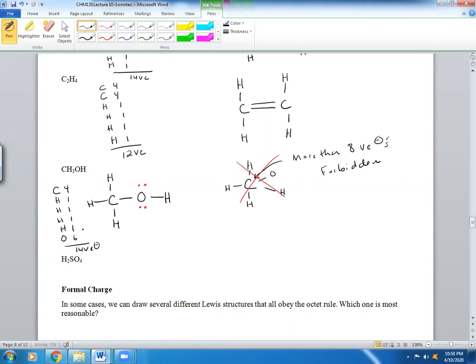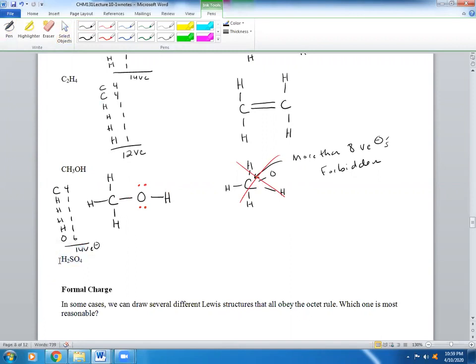Let's count. Do we have 14? 2, 4, 6, 8, 10, 12, 14. You're finished. So you need to know that O needs those lone pairs. You can't form double bonds because the C is going to have more than 8. So this is incorrect. This is correct.